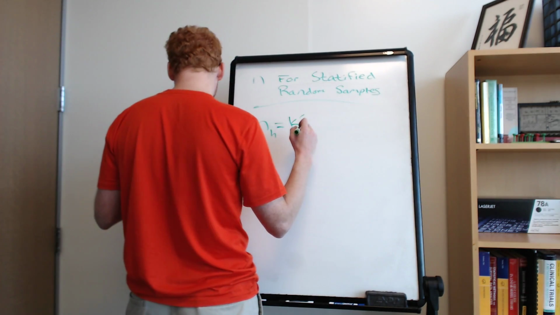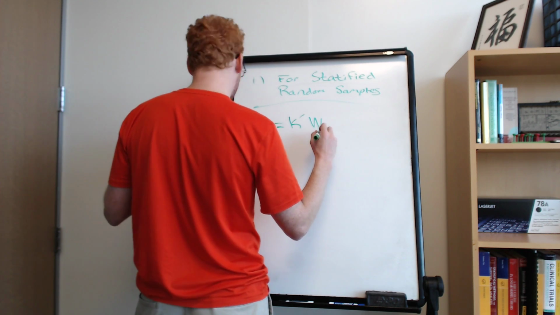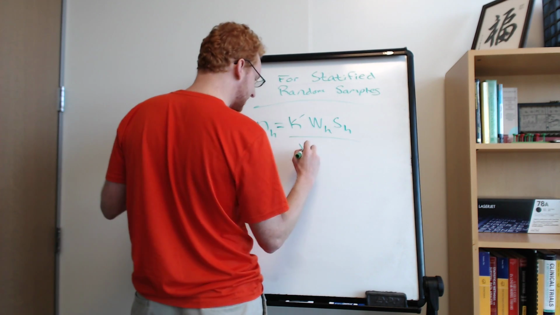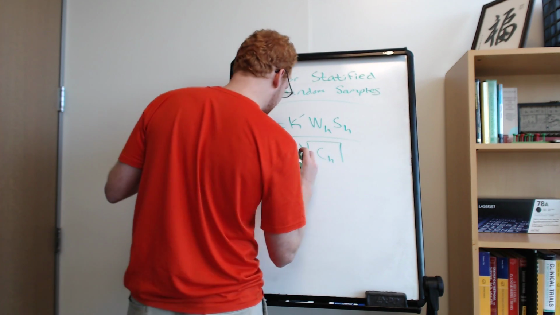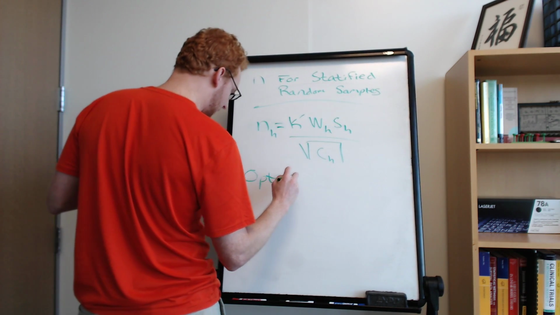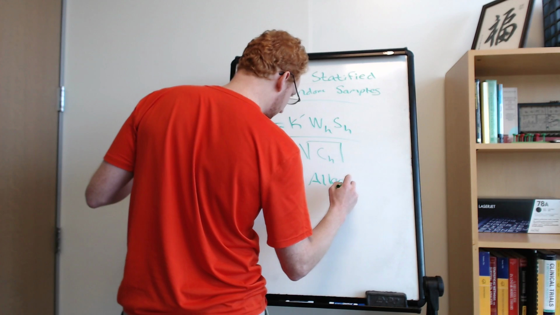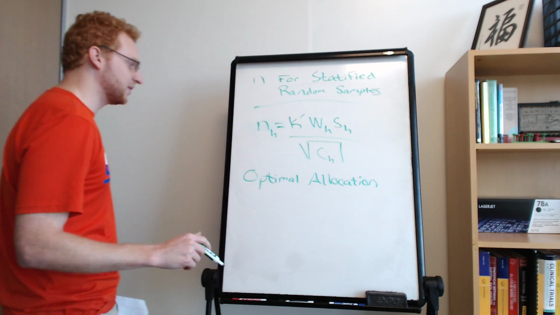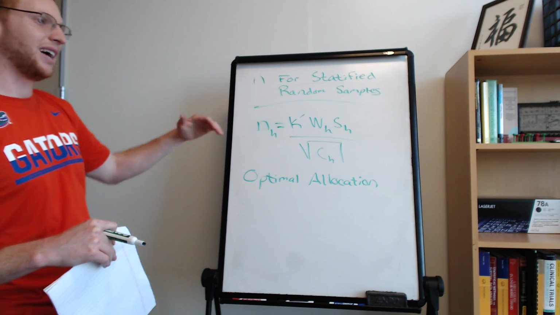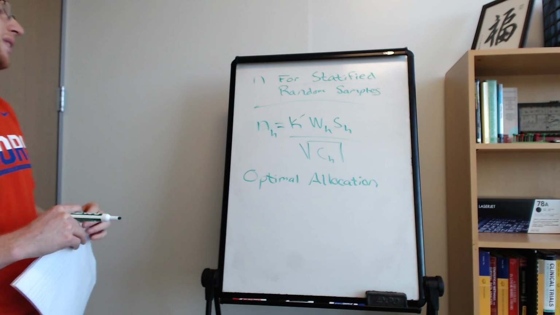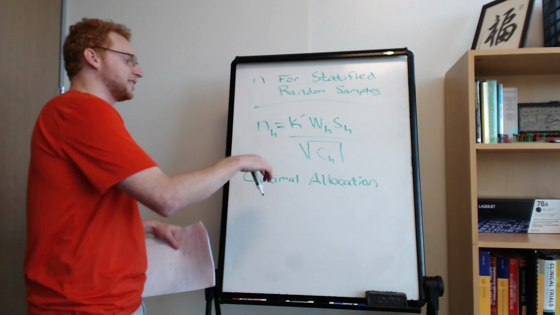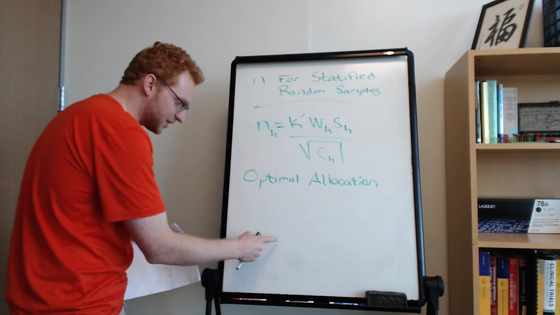So there's sort of this generic formula that you can actually use to run a calculation, because I'm going to write all the details. This is called optimal allocation. So the sample size for a given stratum, each stratum has its own sample size. If you were looking at disease between men and women, you'd have to sample so many women, have to sample so many men.